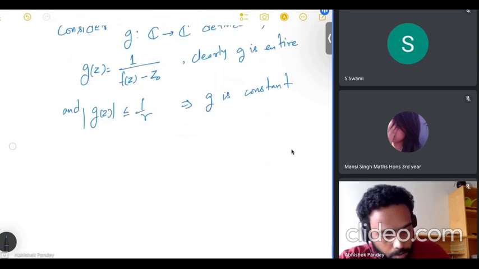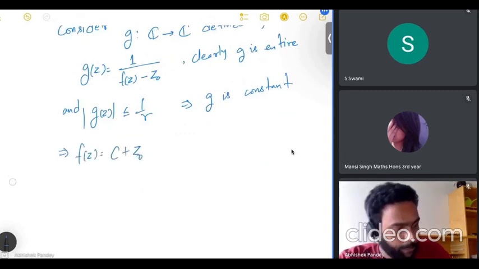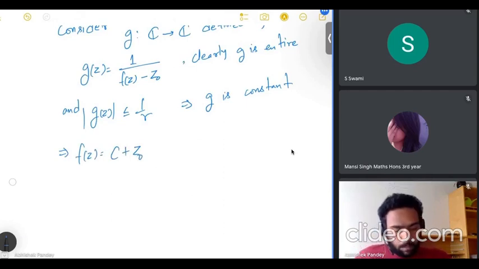And since g is constant, it means f of z is equal to c plus z naught. Okay.